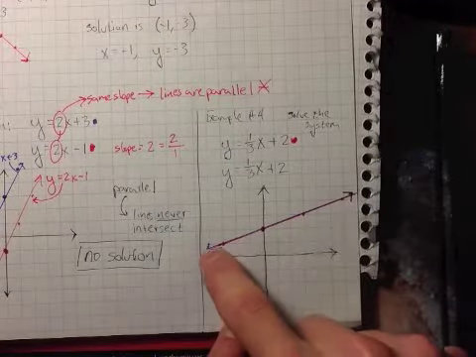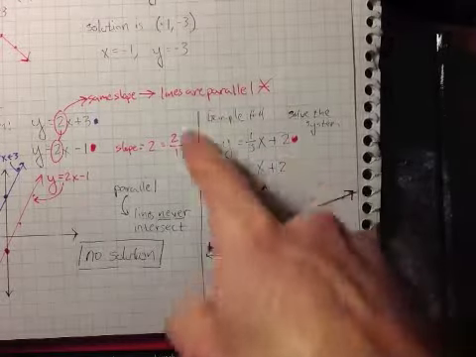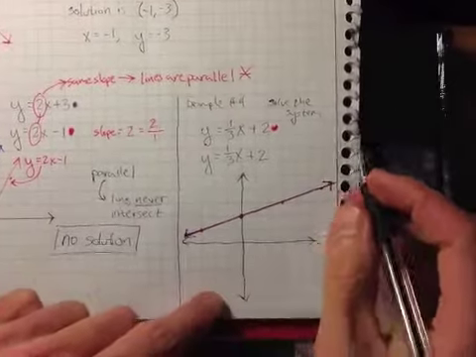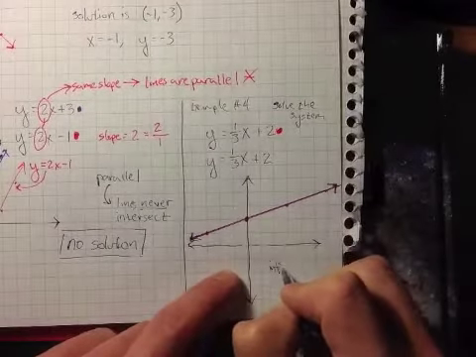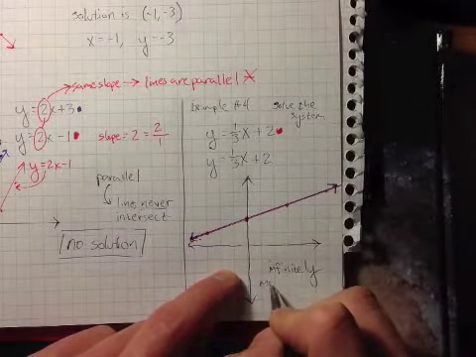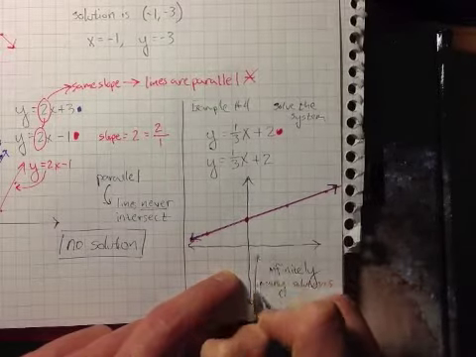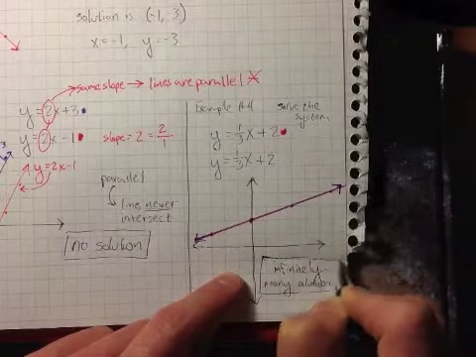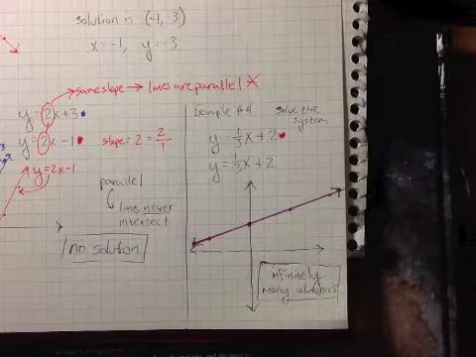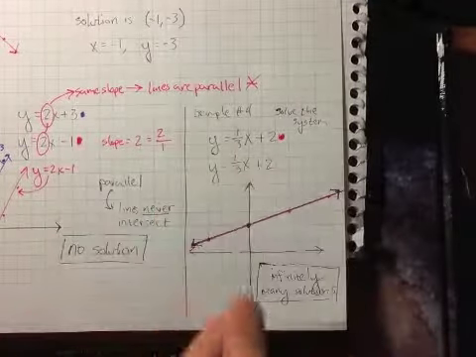They intersect everywhere along the graph. And in terms of the problem that we pose, solve the system of equations, that means that there are infinitely many solutions. There's an infinite number of solutions to that system of equations. That means that you can find an infinite number of ordered pairs, x and y, that make both equations true.